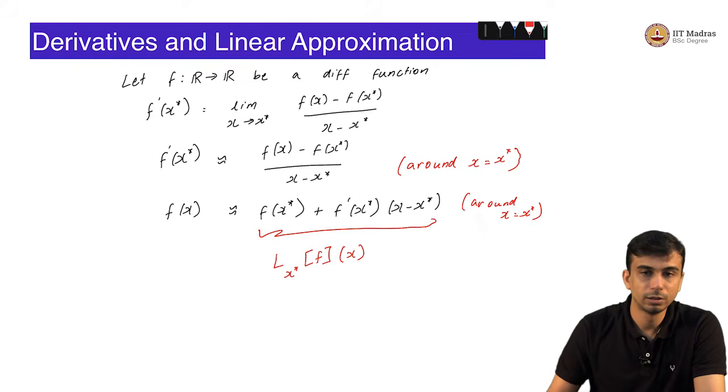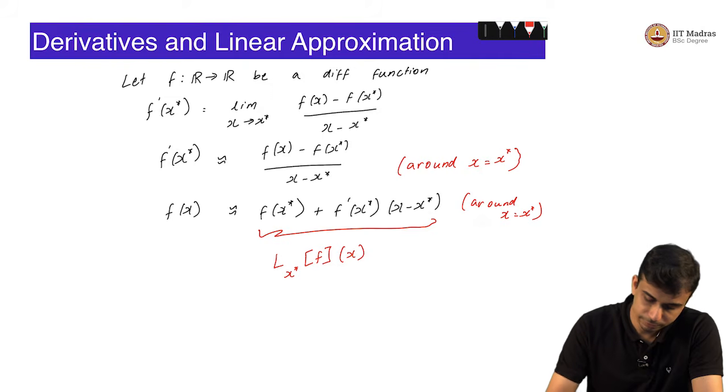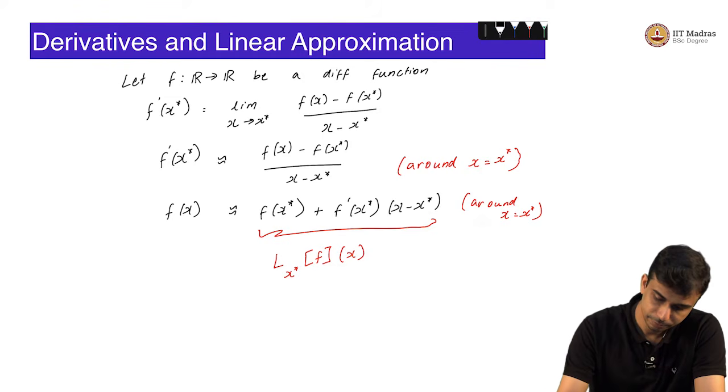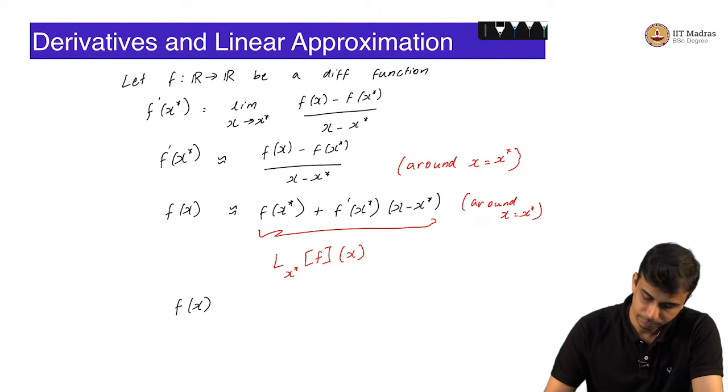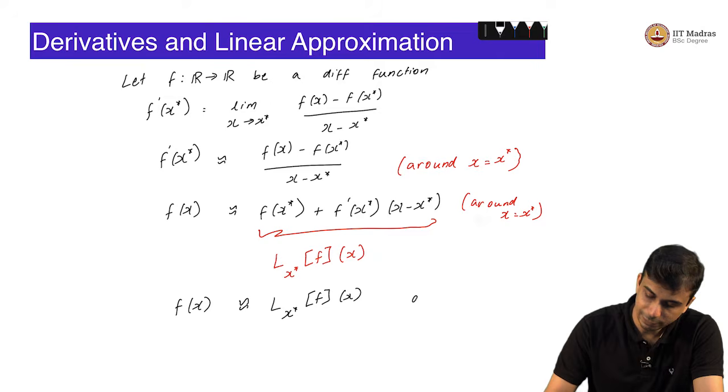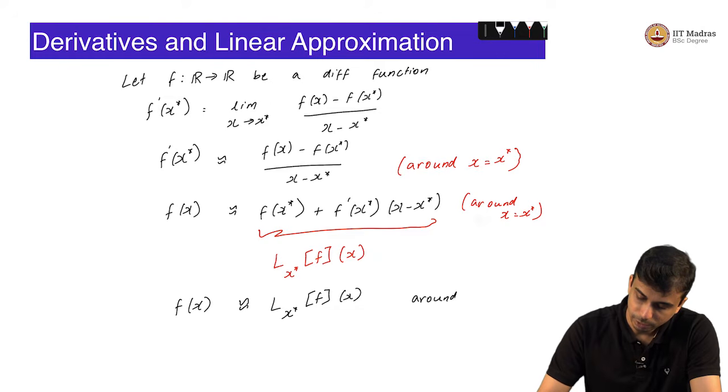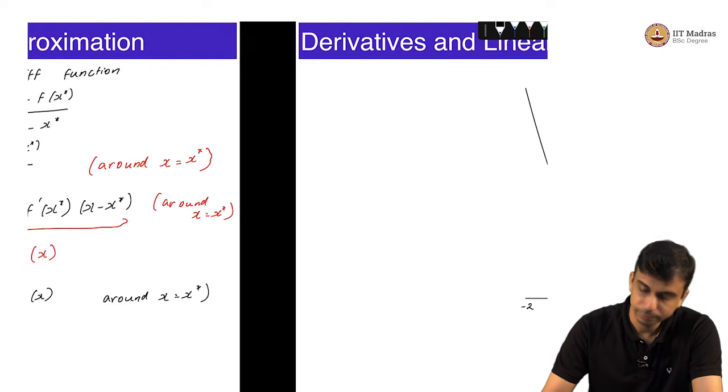So, what the approximately equal to statement says is f of x is approximately equal to L x star of f evaluated at x around x is equal to x star.